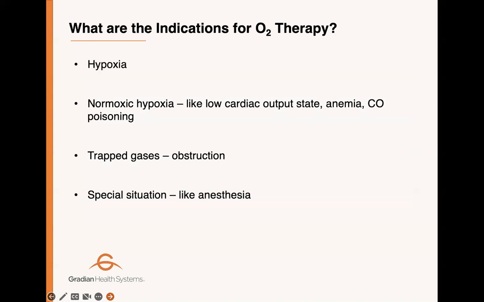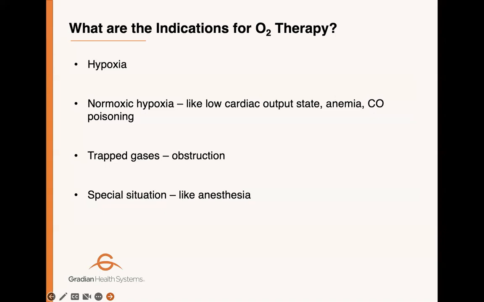So the indication: patients with hypoxia, that is low tension of oxygen in the blood. In normoxic hypoxia and low cardiac output states, you correct the anemia, you correct the heart issues, but also you supplement with oxygen.